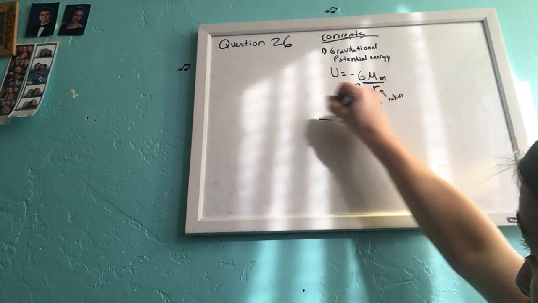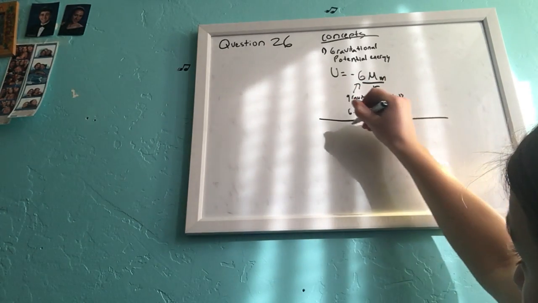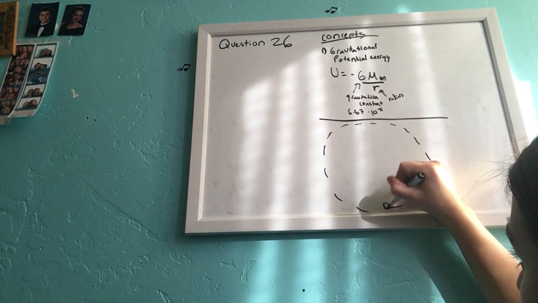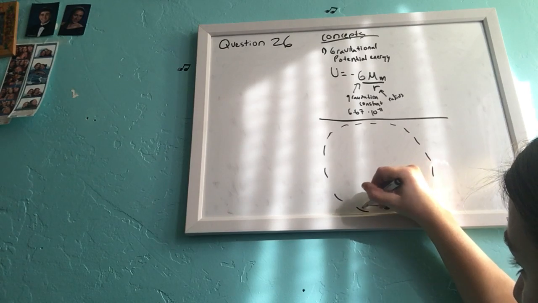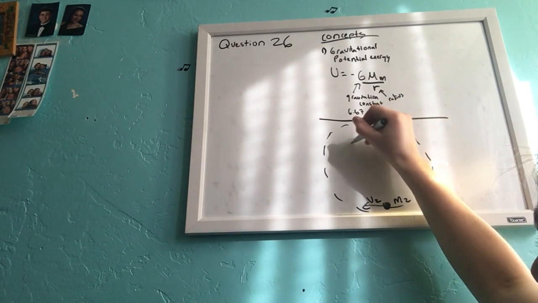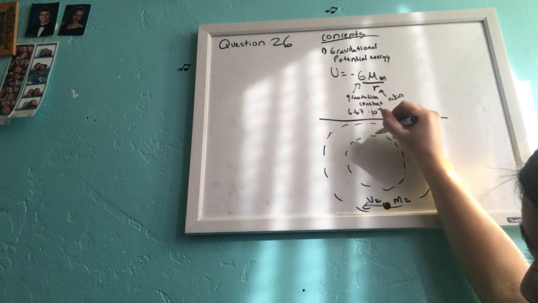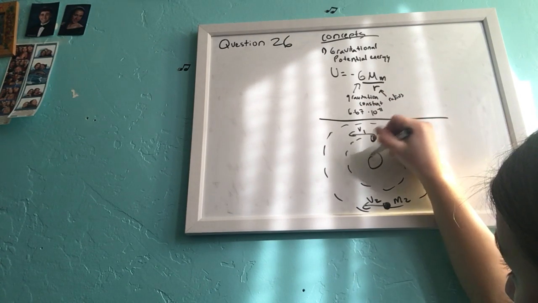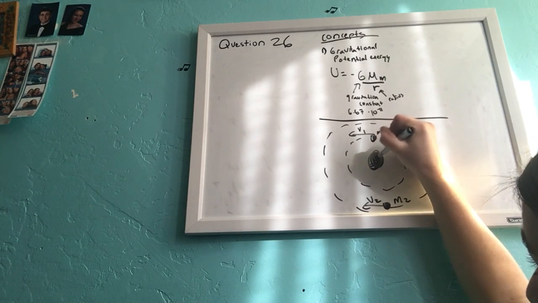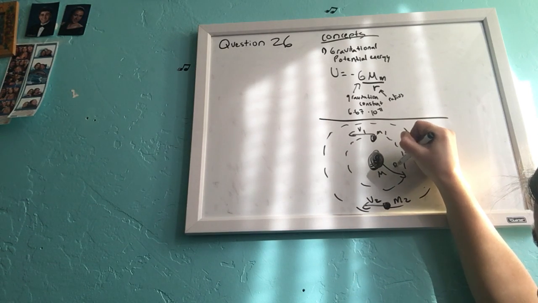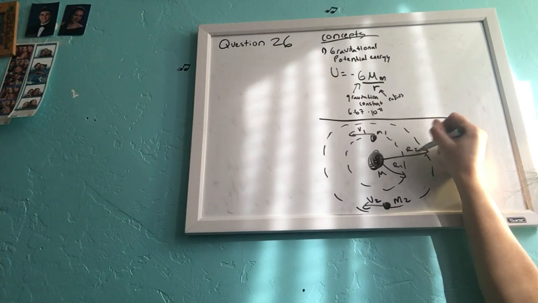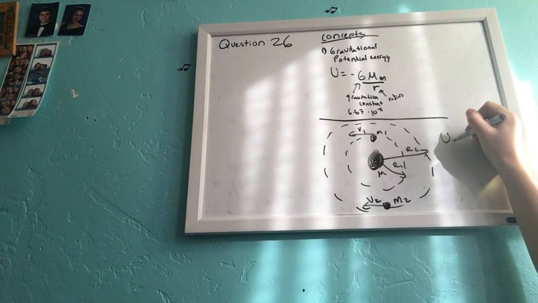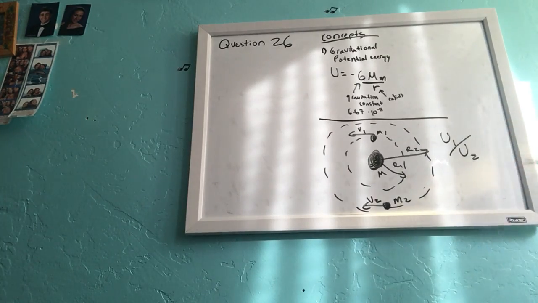Basically in this question, this is the outer orbit, and it has mass m2 going at v2, and then this is the inner orbit, and it has a mass m1 going at v1, and this is the planet inside. This is R1, R2. Okay, so basically it is asking for U1 divided by U2.